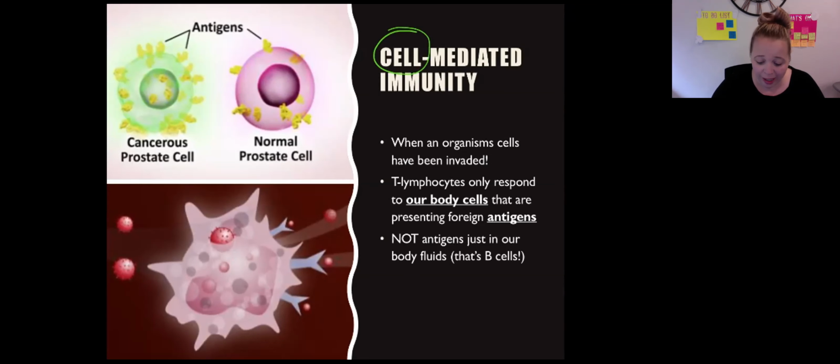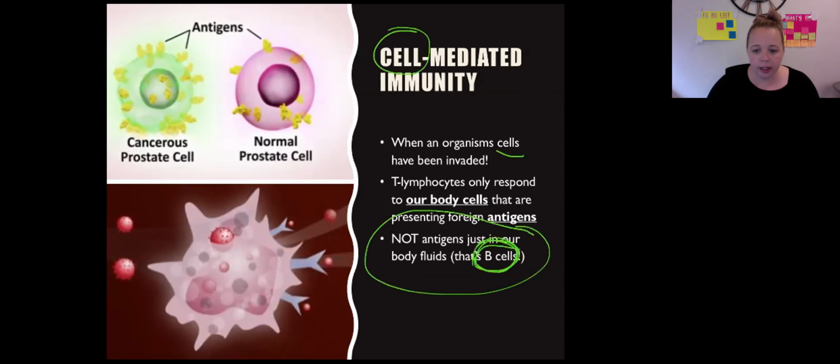This is when your cells have been invaded, and sometimes your immune system will be alerted to a cell that is currently infected. So it is not antigens that are floating around in our body fluids. That is B for body, bodily fluids, C for cell. So this is cell-mediated immunity, it is infected cells. I'm not sure if you got that.